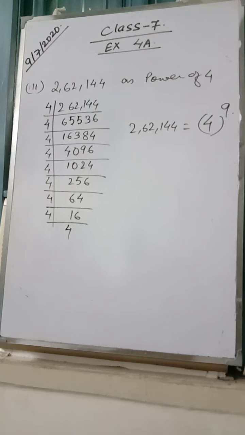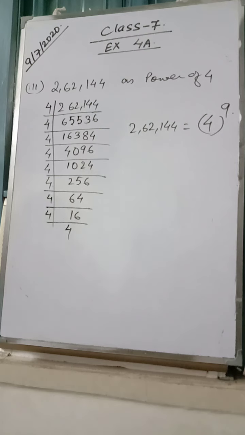There is no doubt, I feel. Now, here it is given question number 9. If 16 plus 125 is equal to x square plus y cube, find the value of x and y.